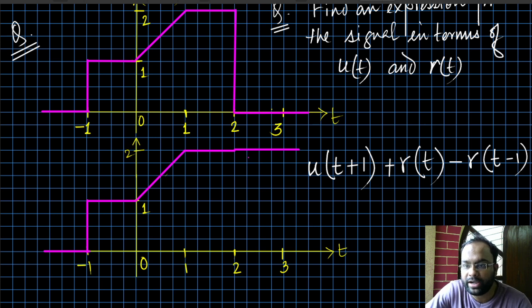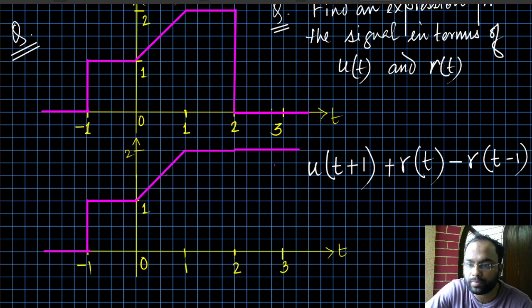And of course, after this point, the signal abruptly jumps down to 0 and stays at 0. And why does that happen? Of course, because we have a negative unit step at t equal to 2. So at t equal to 2, a unit step appears with a -2 amplitude. Right?